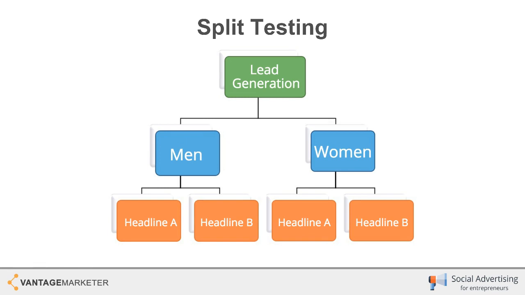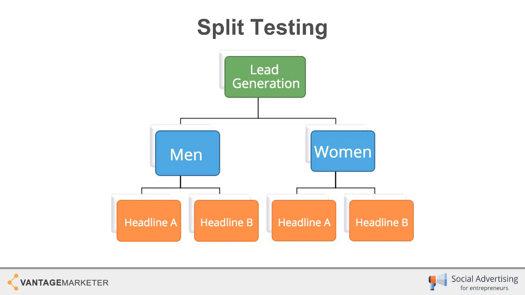At the ad level, we are also split testing two different headlines, to see which one performs better. Which one will get a higher CTR and in return a lower cost per click.